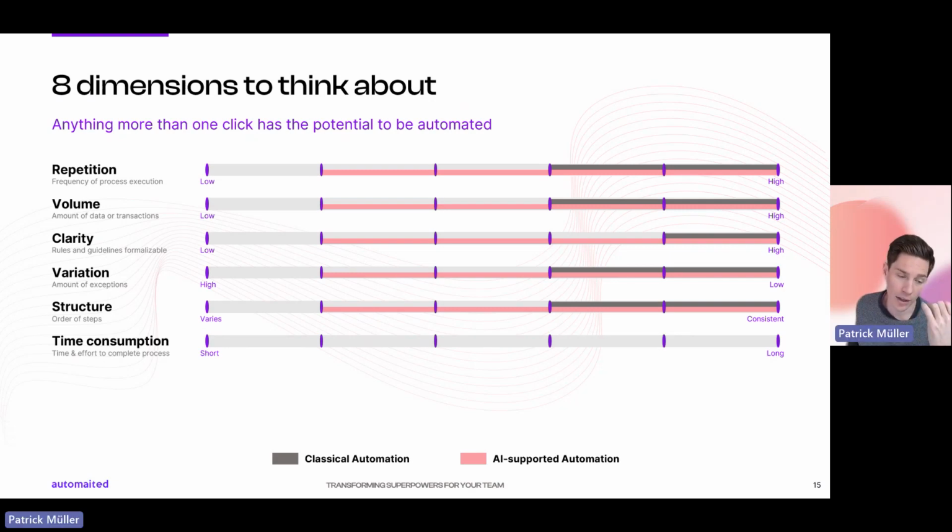Another dimension, and as said, don't take all of them to analyze a process. Take one or two of those and see, okay, is there a lot of volume? Can I clearly formulate it? And I'm going to give some examples in a bit on how this could work. Is time consumption, is that something that's taking me a lot of time to do, right? So is the operation that I have to do complicated?